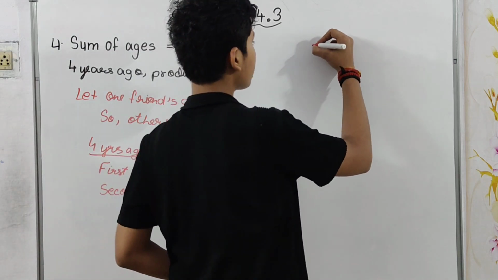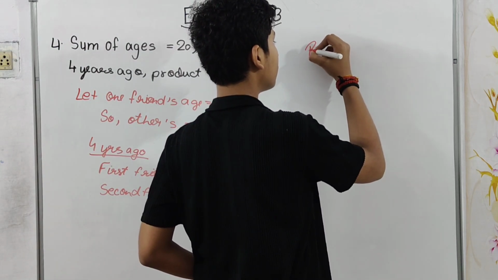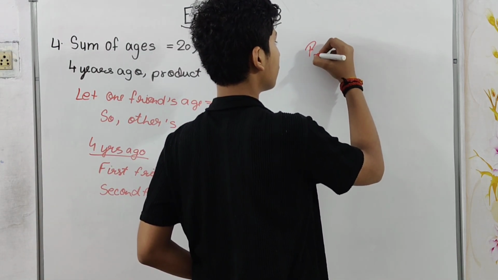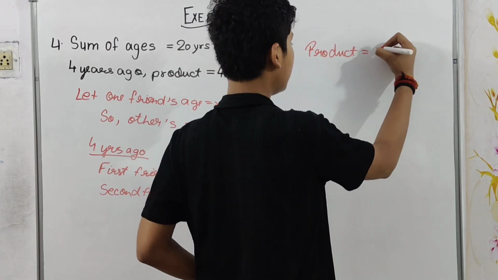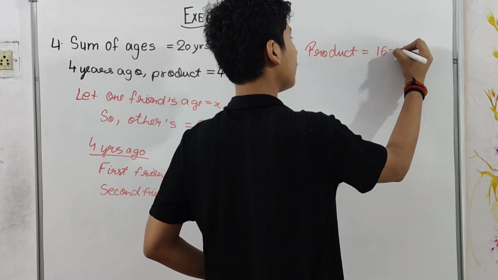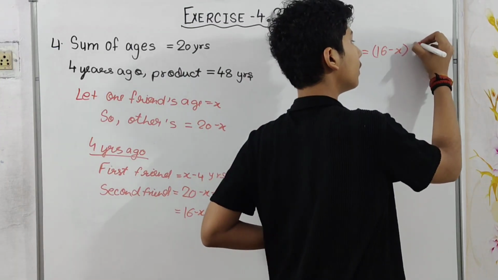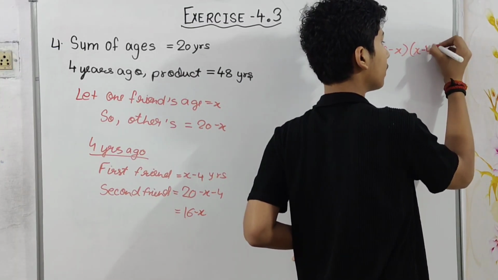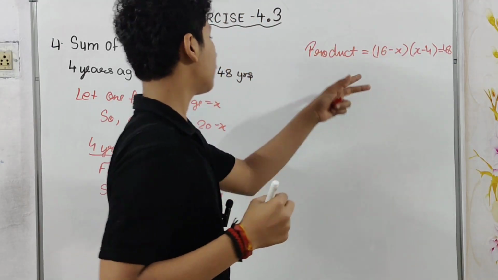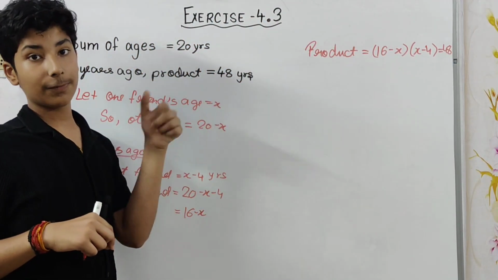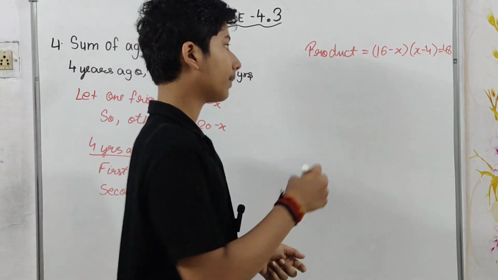So now the product of their ages will be 16 minus X into X minus 4, which is given 48. Okay, this is given, the product of their ages 4 years ago was 48.